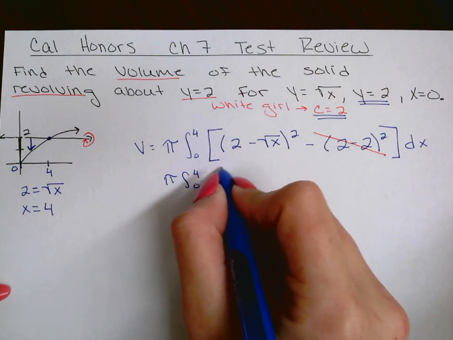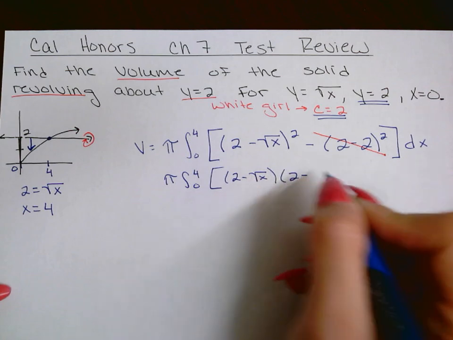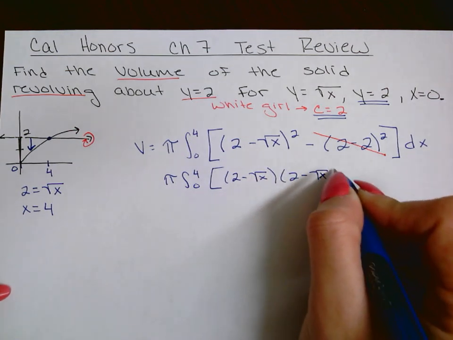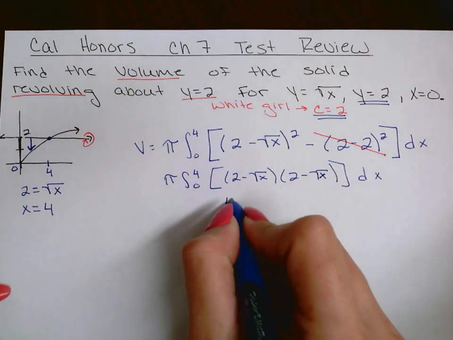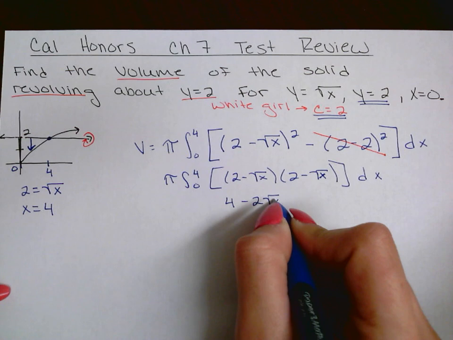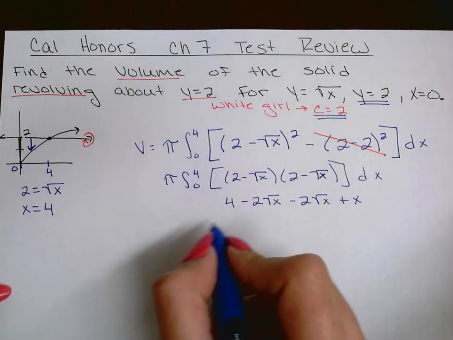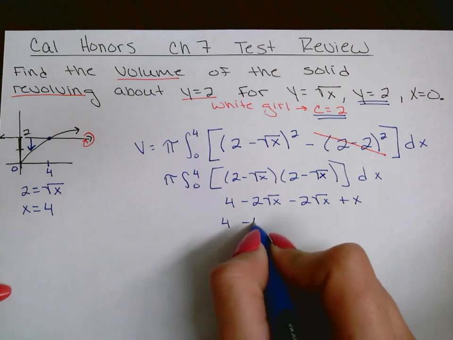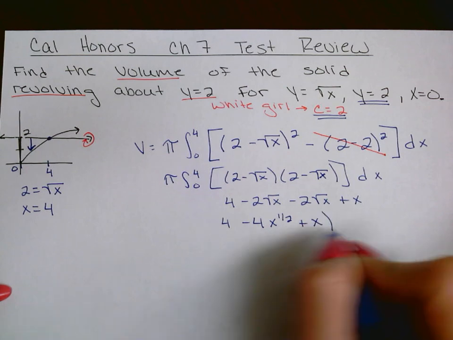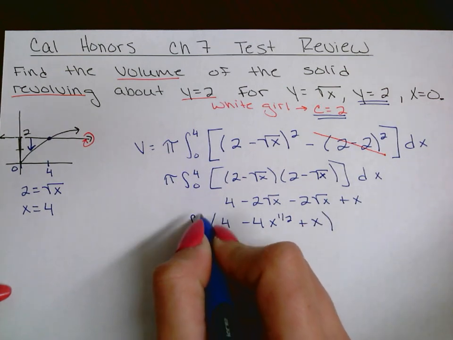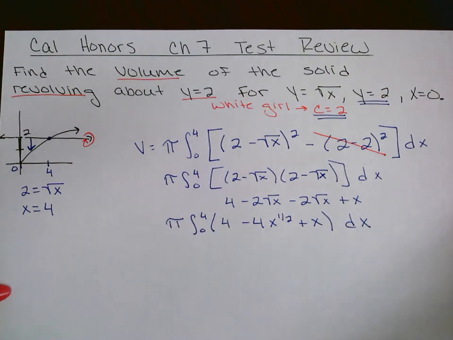So I'm going to say 2 minus square root of x times 2 minus square root of x. All right, are we good up to there?